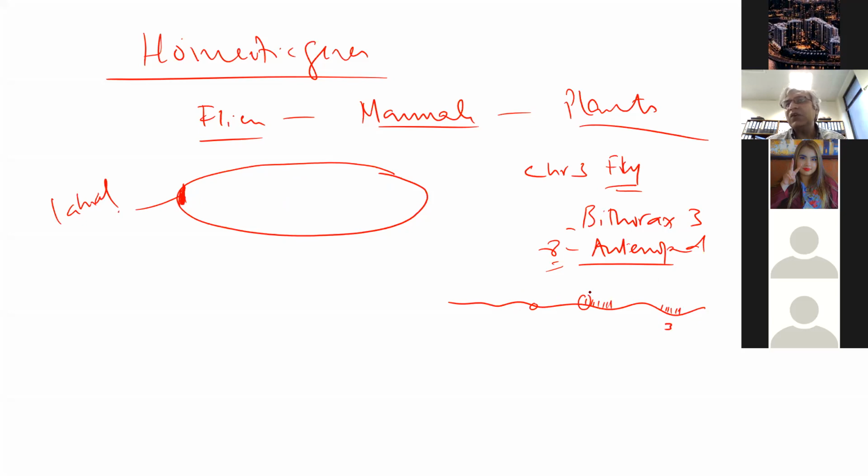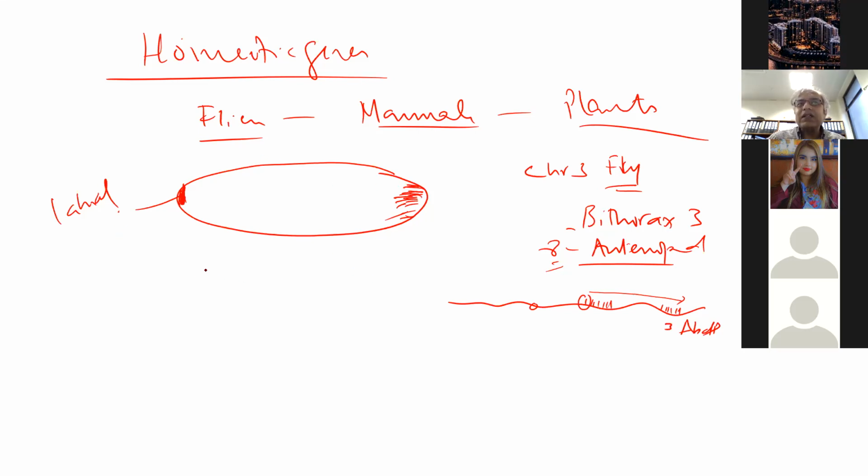And if you go from this side to there, the last gene on the homeotic cluster is called ABD-B. It is expressed in the most posterior region and is not at all expressed beyond this region.